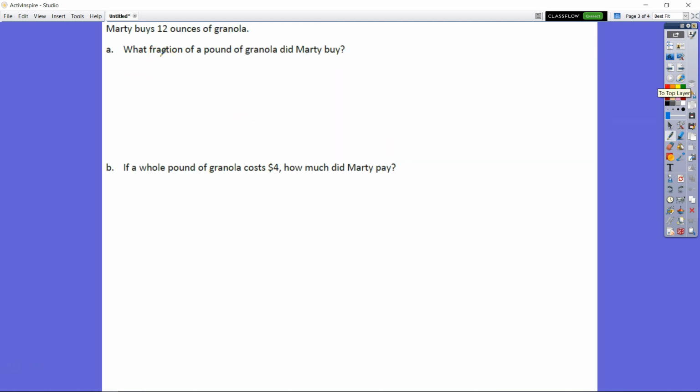So we have word problems now. Marty buys 12 ounces of granola. What fraction of a pound of granola did Marty buy? So she bought 12 ounces out of 1 pound. 16 ounces equal 1 pound.